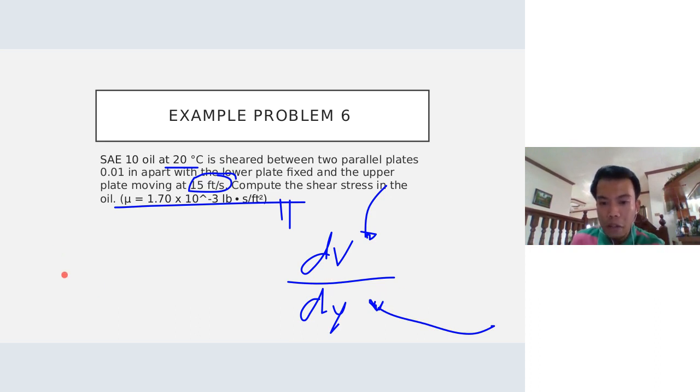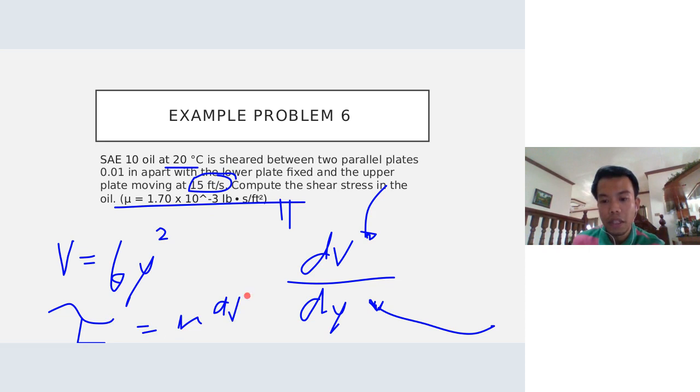Now, if given tayo ng equation ni velocity, like for example, 6y squared, we have to differentiate this equation. Saka natin siya pwedeng magamit to solve for the shear stress.